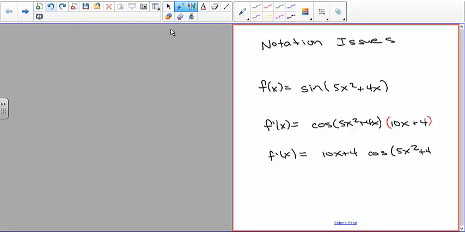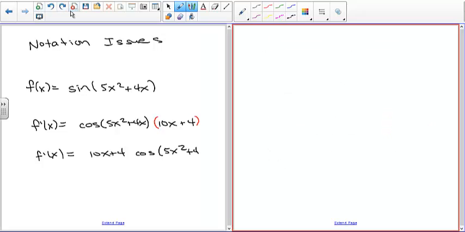Now another place that you might end up having questions about parentheses is if I had something like f of x is equal to 5 divided by x to the 5th plus 3x squared to the 3rd power. So I would need to rewrite this before I took the derivative.